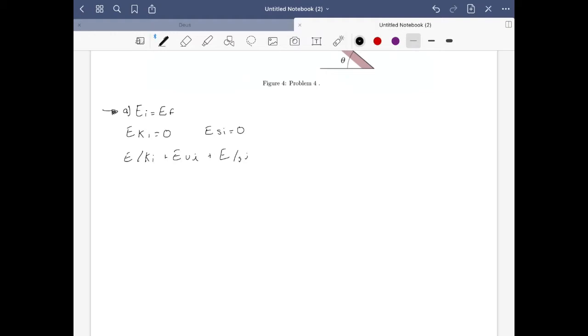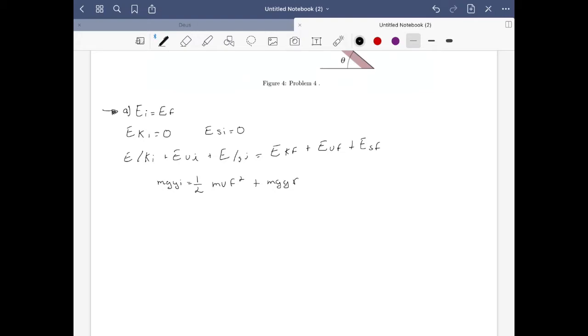We can replace them by their respective expressions: the initial gravitational potential is equal to mass times gravity times the initial height, equal to the final kinetic energy, which is 1/2 times the mass times the velocity squared, plus the final gravitational potential, which is mass times gravity times the height y.